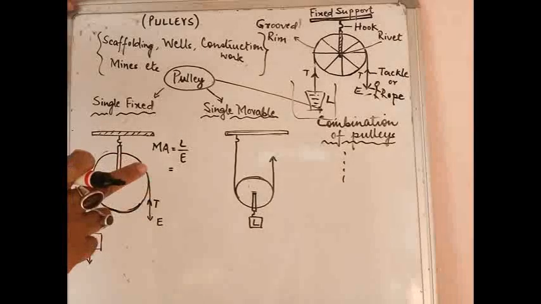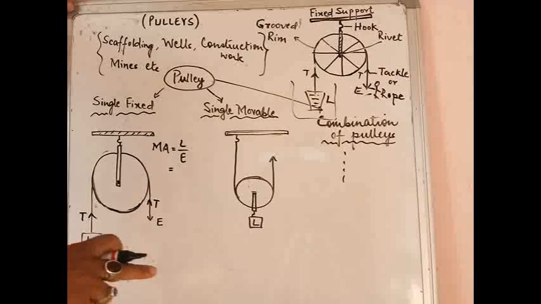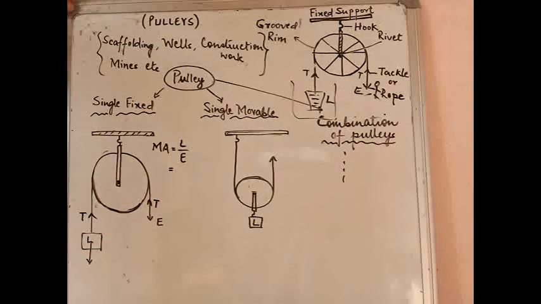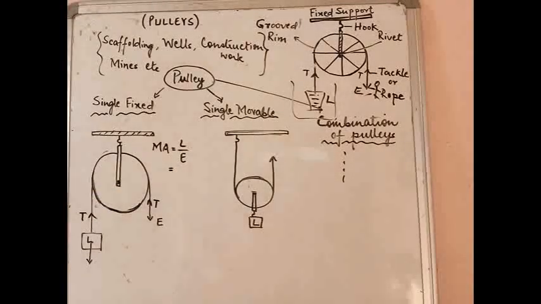Single tackle, single rope. As long as the rope or the tackle is single, you will always have the same tensions acting across all the parts of the tackle. So the tensions will be the same, T and T, not T1 and T2.